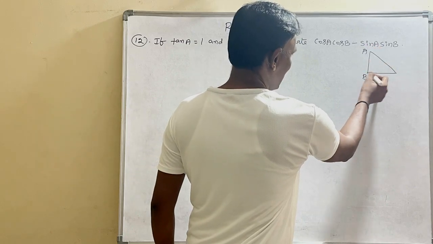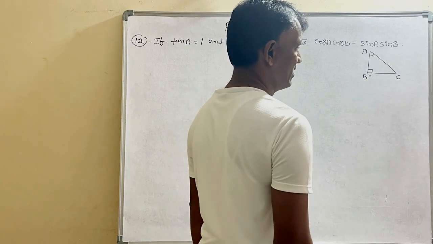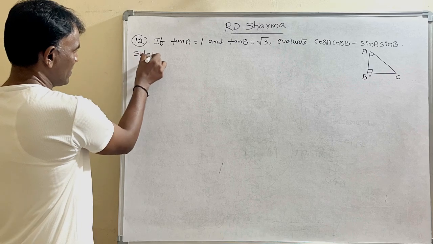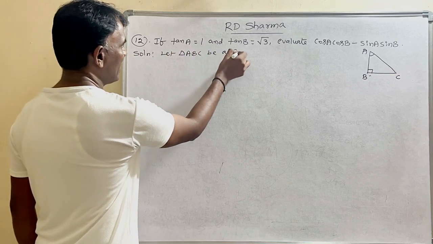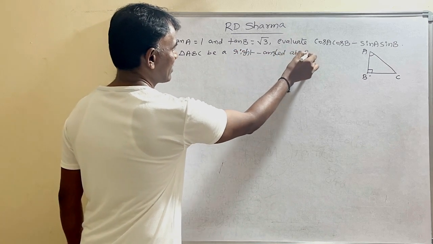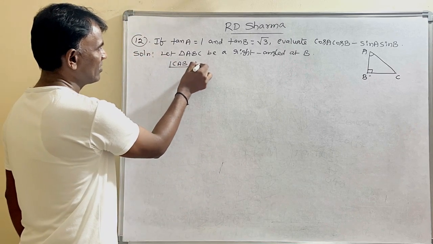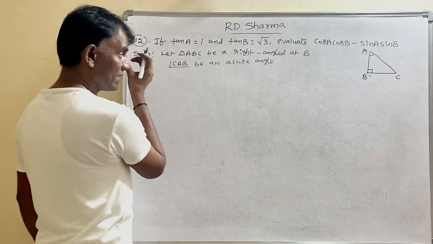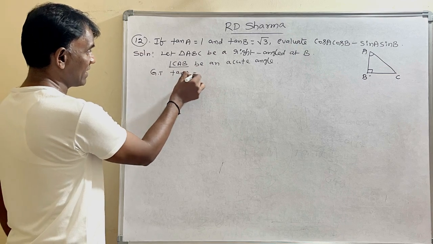Now write here A, here B, here C. Coming to the answer, the first step is: let triangle ABC be a right angle at B and angle CAB be an acute angle. Clear? Now what is the given value? Tan A equal to 1 is given. So just write here given that tan A equal to 1.